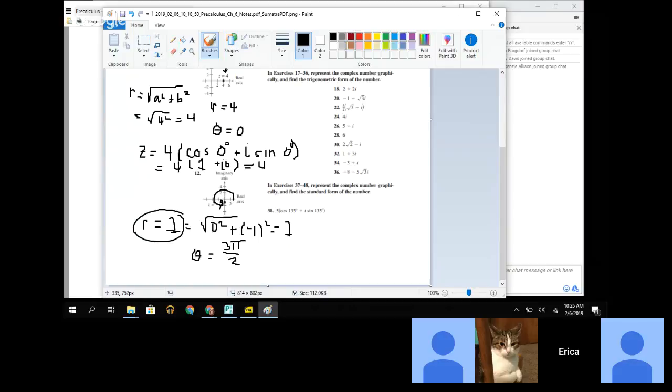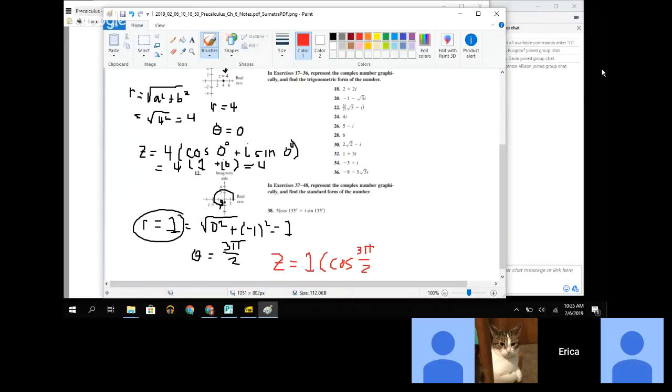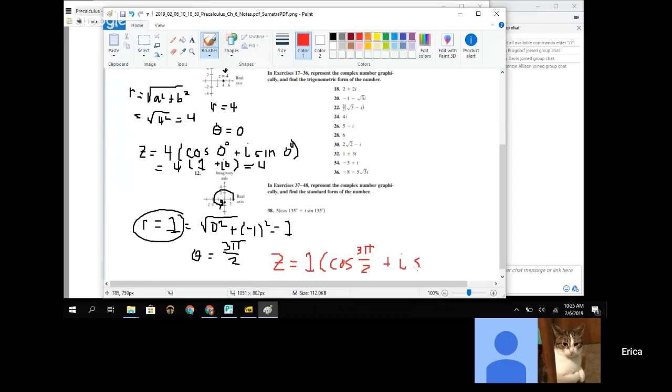So if I was going to write this complex number in trig form, I would write z equals 1 times the cosine of 3 pi over 2, plus i times the sine of 3 pi divided by 2.